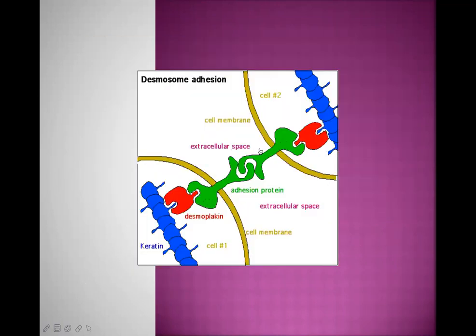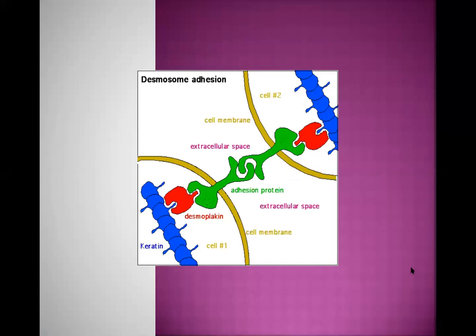Now a bit of another picture regarding desmosome. So what are the important structures in desmosome? Now this is cell number one, this is cell number two, and this is the connection between them. This is the desmosome. You don't need to know in detail regarding this, just build a concept here.